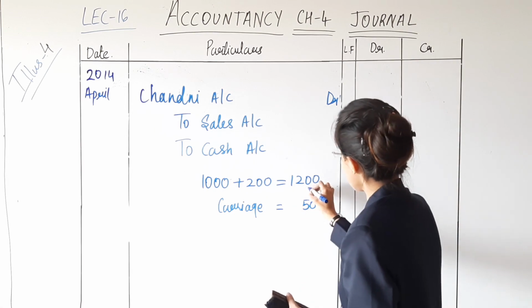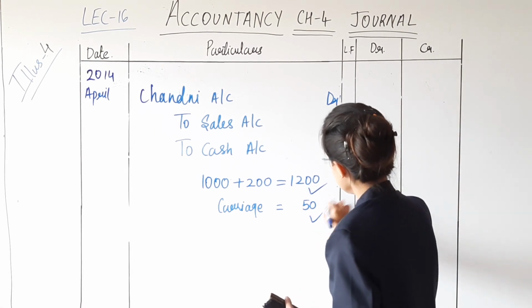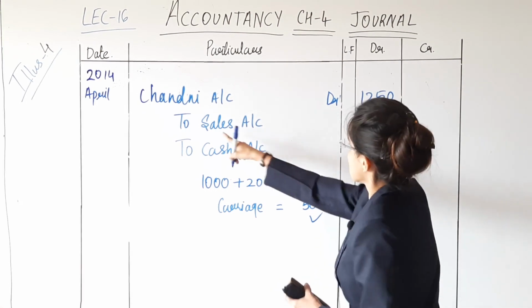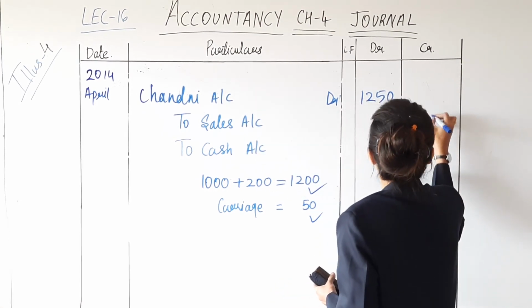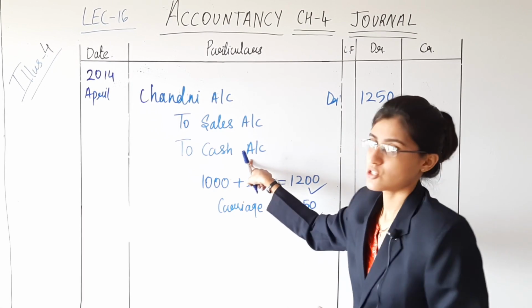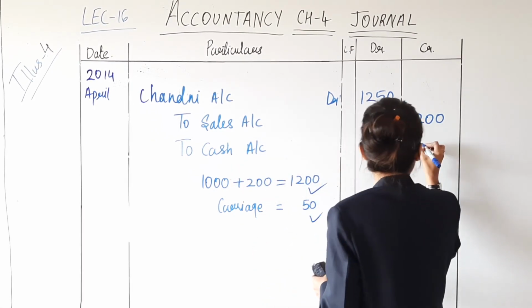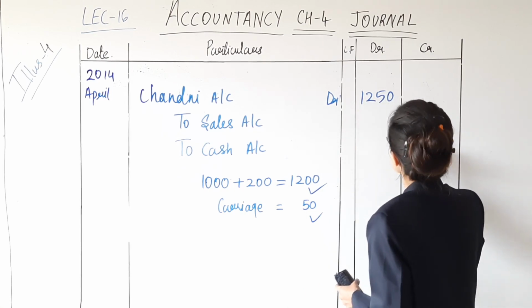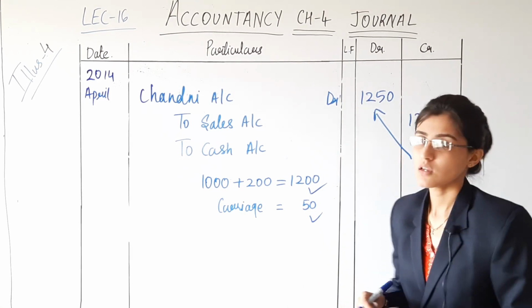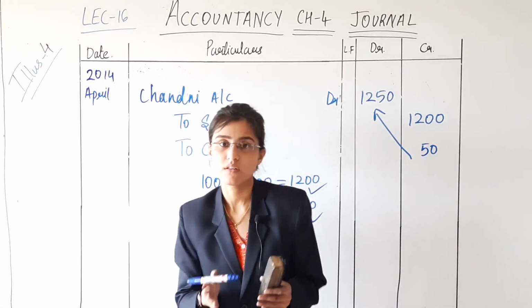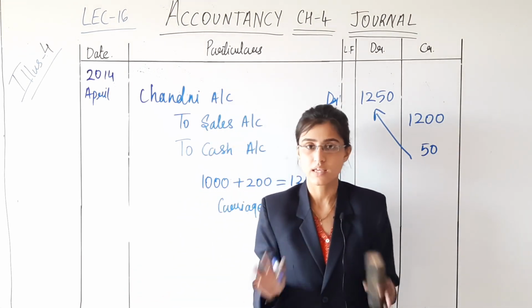She will pay me 1200 of goods and 50 of carriage. So, overall she is going to pay me, of which 1200 of goods she will pay and cash. This 50 rupees I have paid right now. So, cash goes out, which Chandni is going to pay me. She is my debtor. The reason that carriage has not been debited here is that carriage is not my expense.